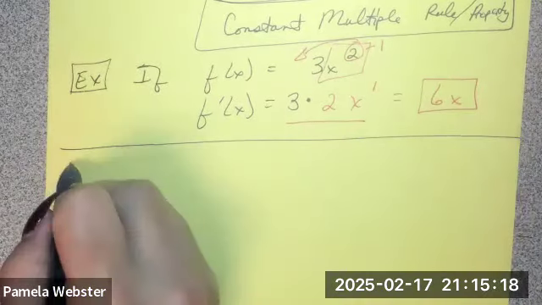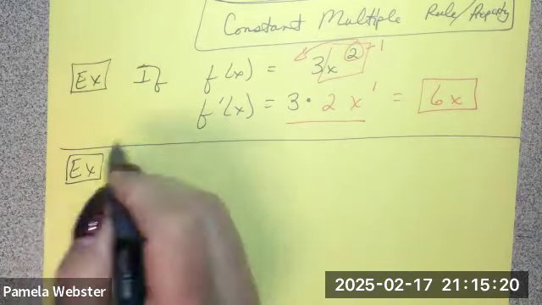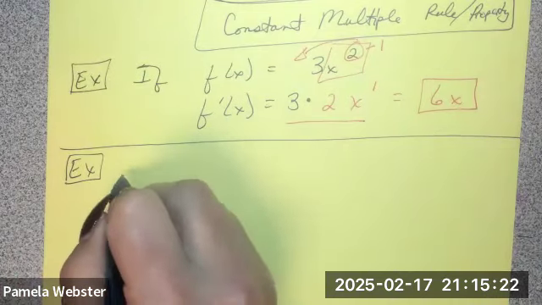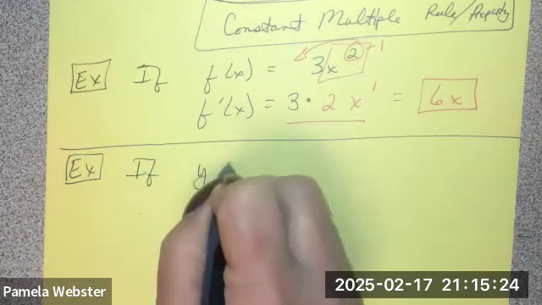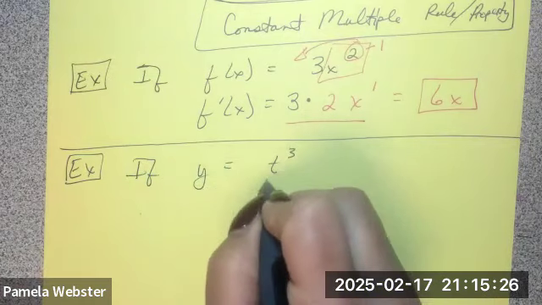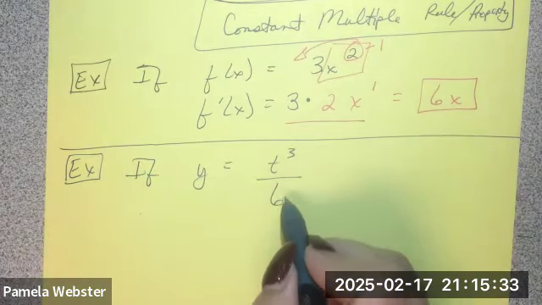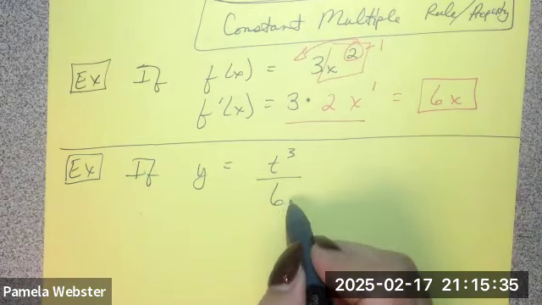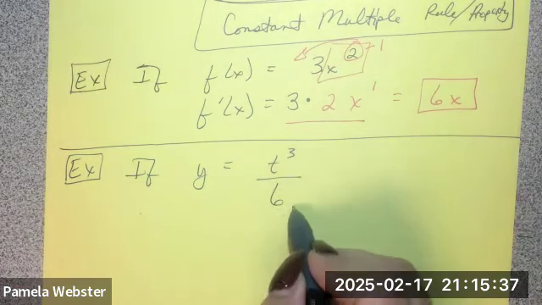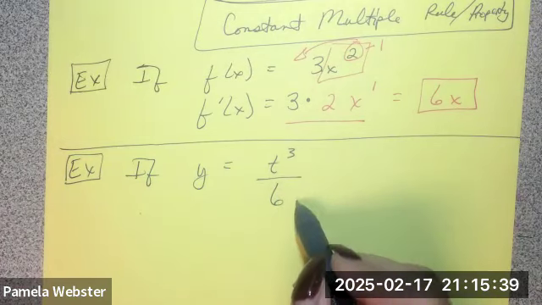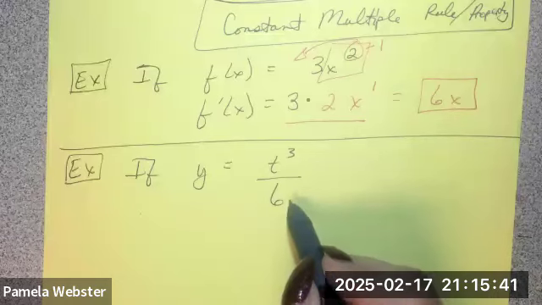All right. Here's another one. If y equals t to the third over 6. Don't freak out about this one. Do I need to move this to the top like I did earlier? The answer is no. The reason why is because this is a constant. When did I move it to the top? When it was a variable on the bottom.